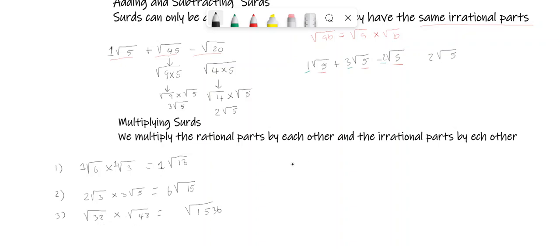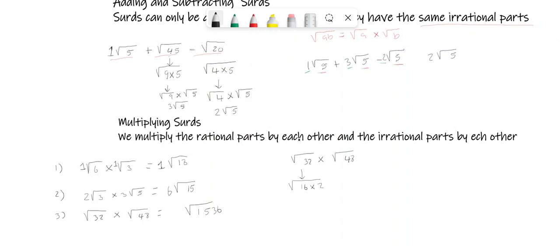So let's do that over here. If we take the square root of 32 multiplied by the square root of 48, let's try and simplify this. You could write it in simple form. For example, 16 and 16 is 32, so you could write it as the square root of 16 multiplied by 2.